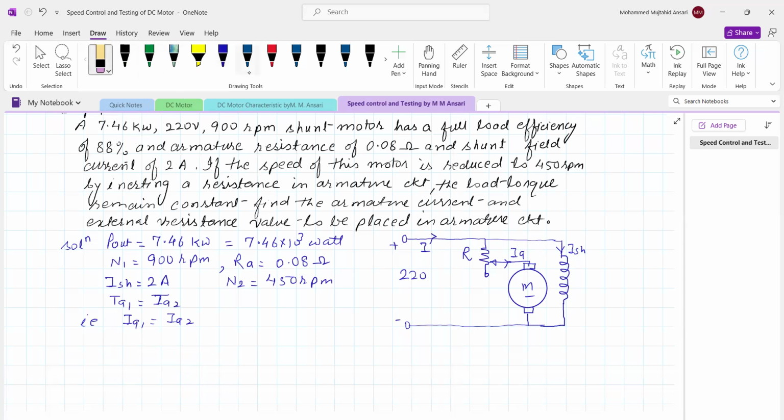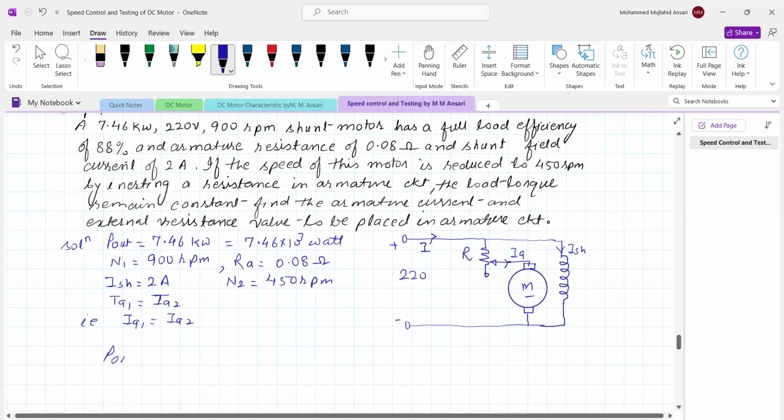So power input is equal to power output divided by efficiency.